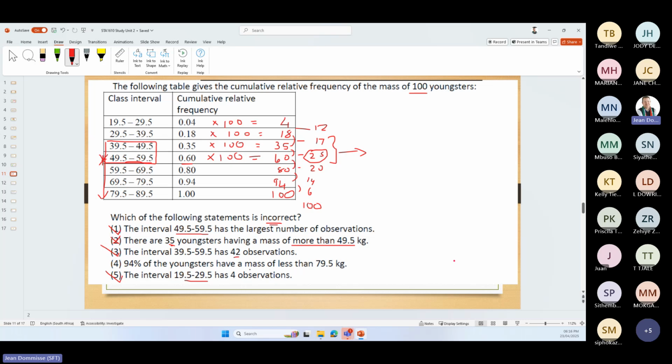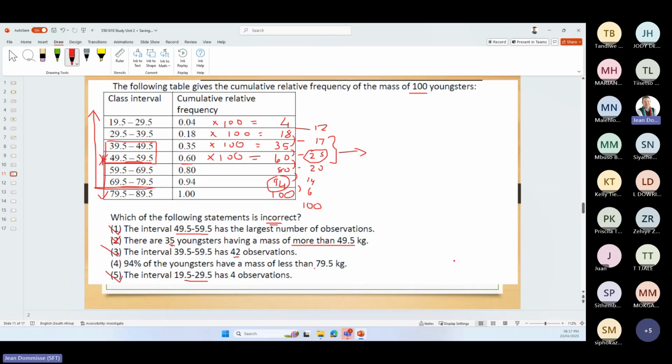And then 94% of the youngsters have a mass of less than 79.5. So there's 79.5, less than that. So 94 of them have a mass or a kilogram of up to 79.5.